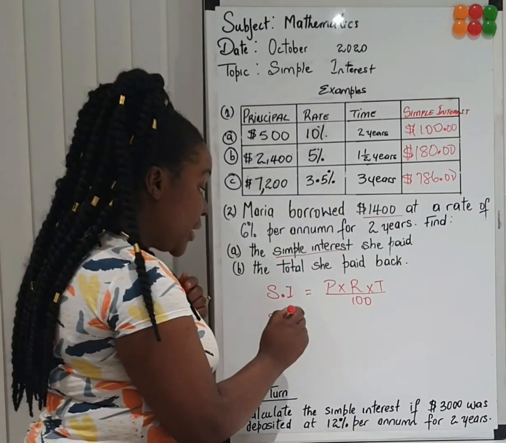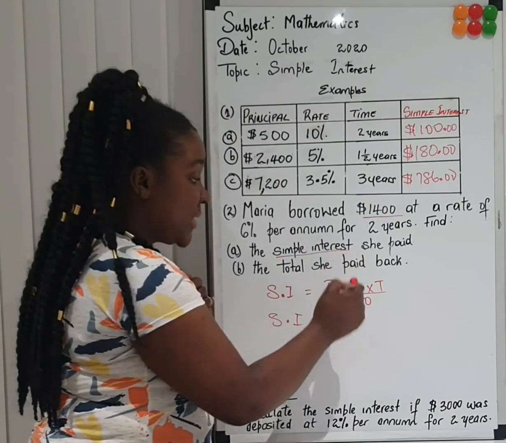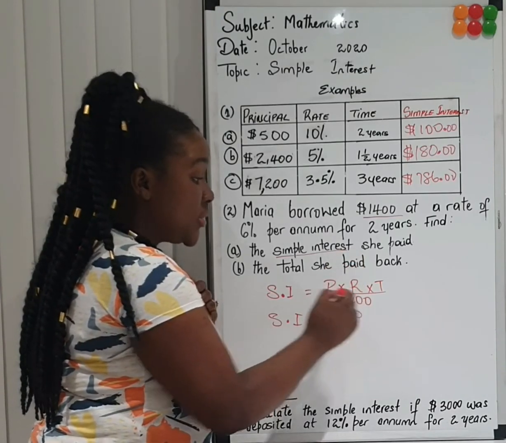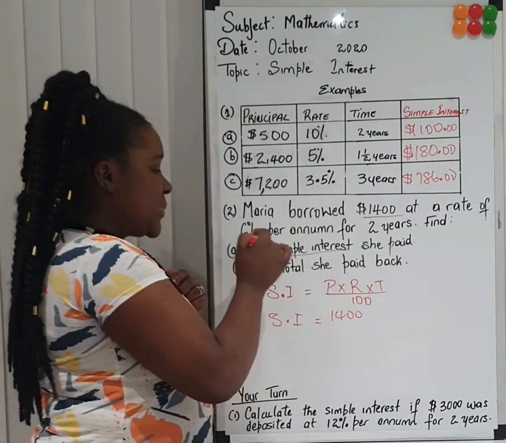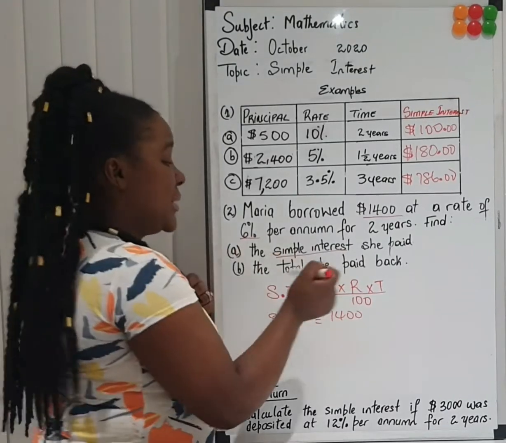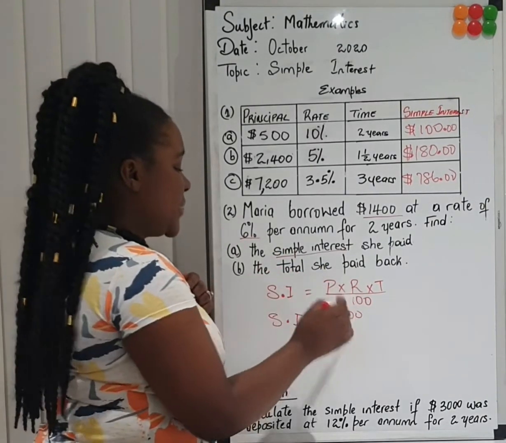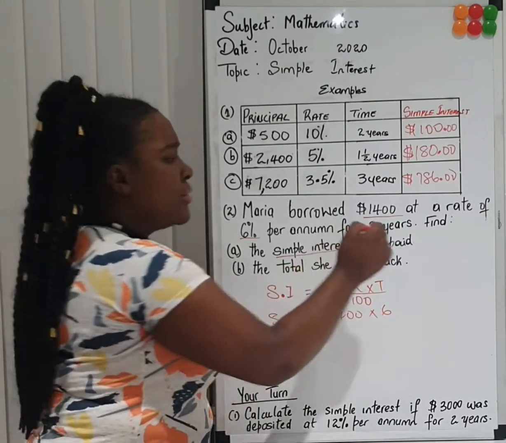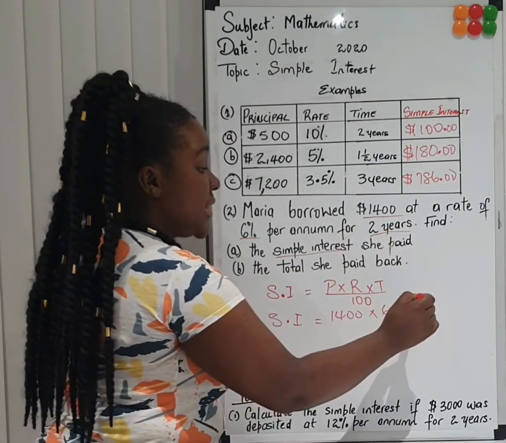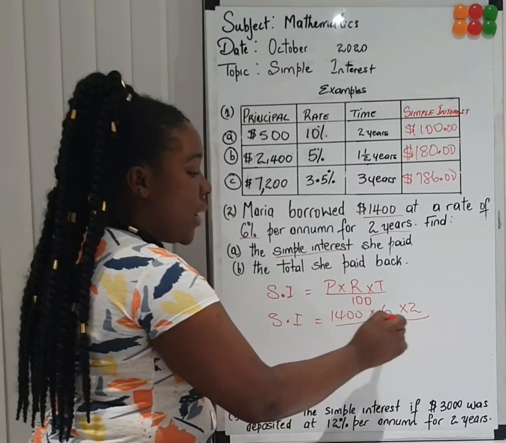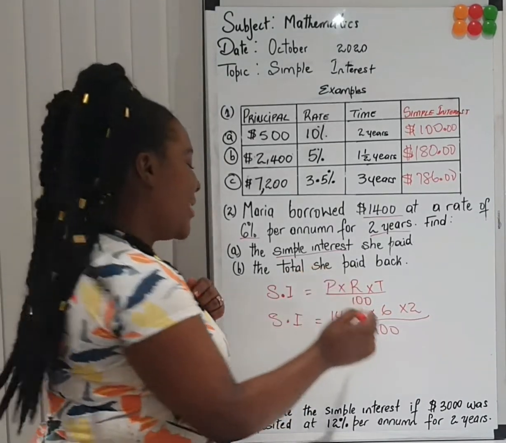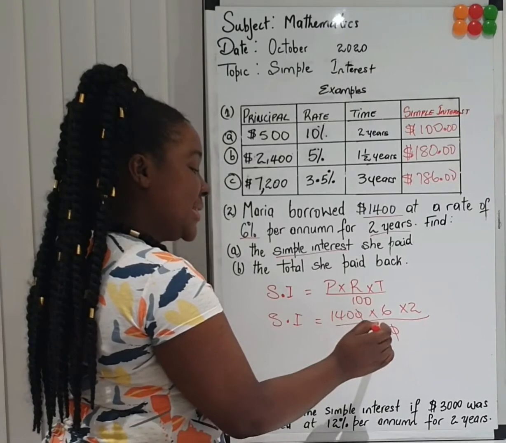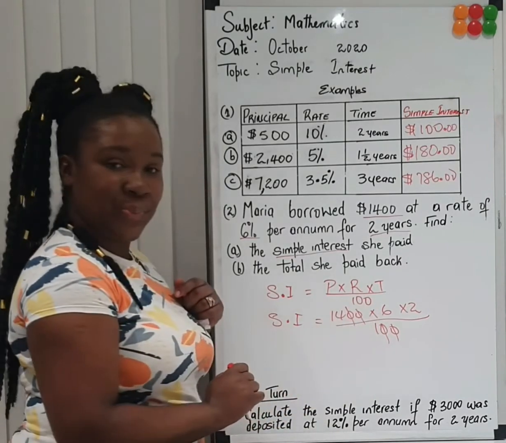So simple interest equals, that's her principal, 1,400, at a rate of 6%. That's a high rate, man. 6%, so that's there. For how long? 2 years. So there goes our 2, all over 100. Good. So then go ahead, 0 cancel 0, 0 cancel 0.